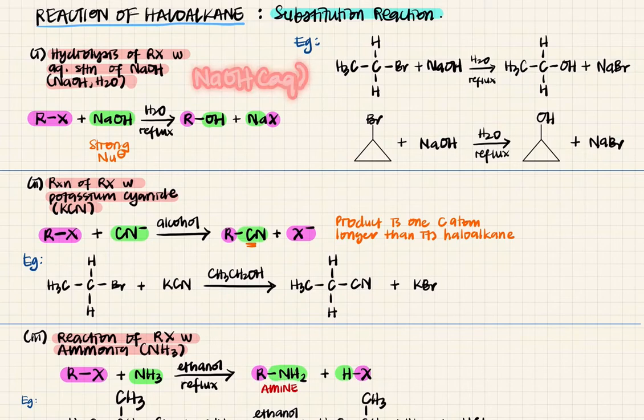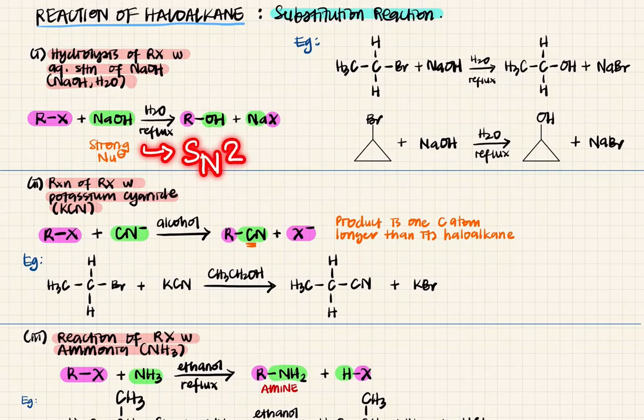Okay. So kita akan form alcohol. So macam mana kita punya nucleophile will be OH minus yang akan menggantikan awak punya halogen X. So we will form ROH. So dari sini you know that here NaOH is a strong nucleophile. That means that for this reaction, okay, you will undergo Sn2 mechanism.